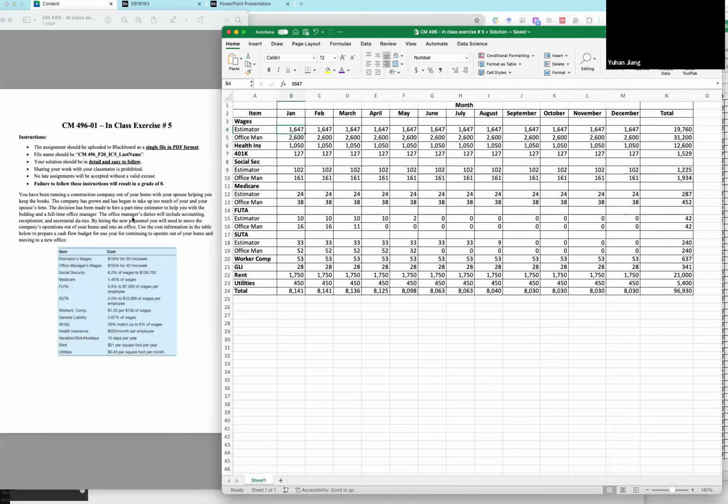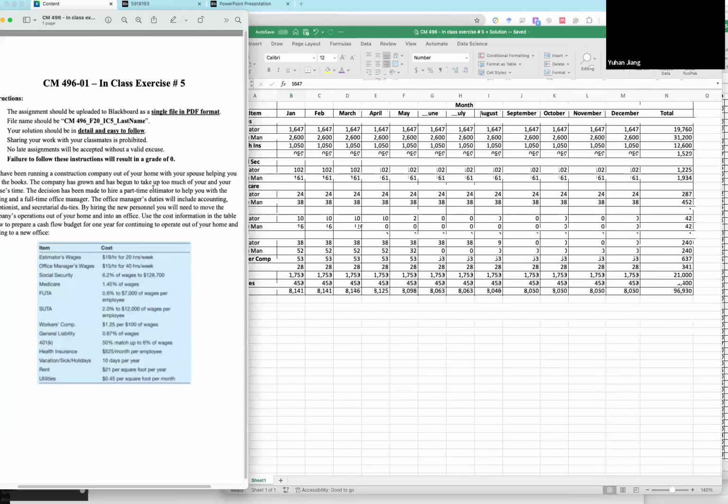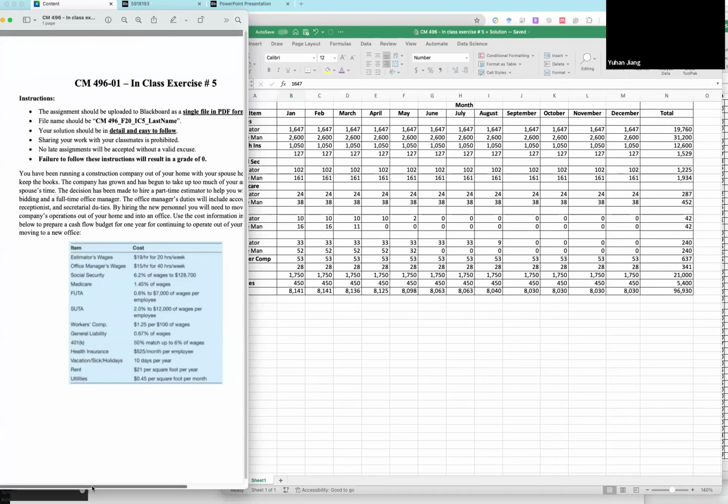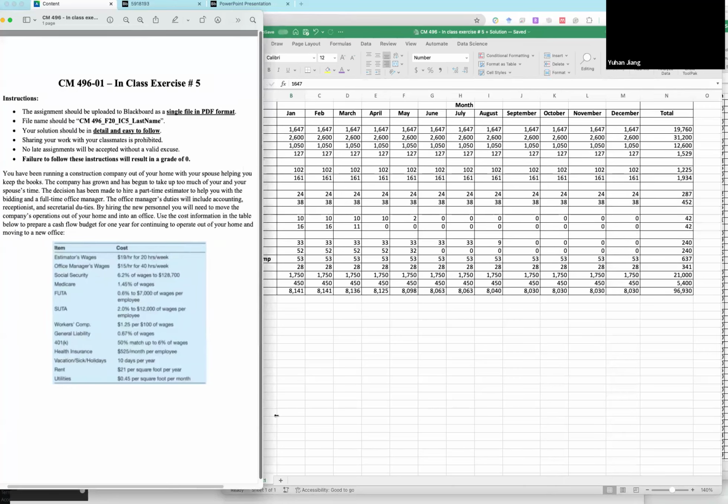Reading the scenario here, you're running a small construction business with your wife or husband, and your business is going well, so you're going to hire a part-time bookkeeper or accounting estimator, and also an office manager to help you. You will pay them a wage.